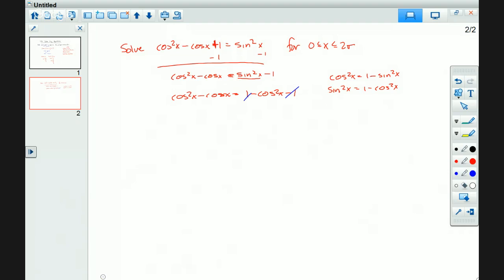Add? Somebody said it? Yeah, we can add cosine squared over here. So they'll like terms. So we have 2 cosine squareds minus a cosine, and that is 0.